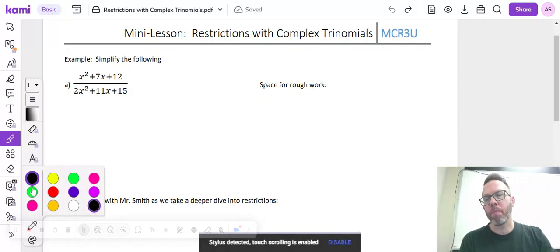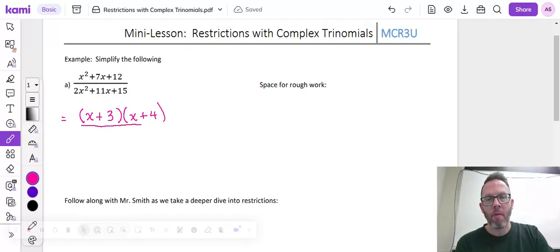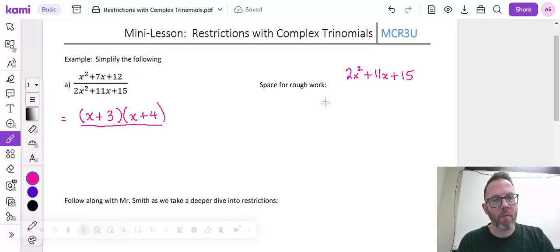So we will just move a bit faster through the factoring for the 3U people here. We've done a lot. You guys did it in grade 10. The top is just a simple trinomial. What adds to 7 and multiplies to 12? 3 and 4. On the bottom, we do need the Australian method, so I'm going to do this to the side. 2x squared plus 11x plus 15.